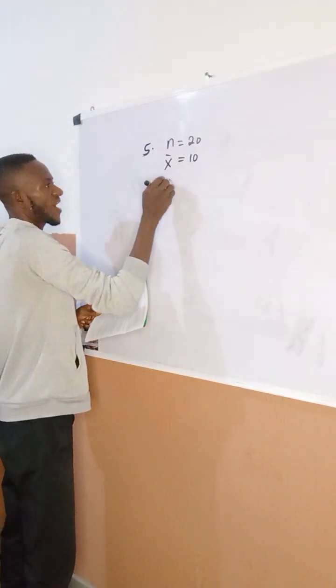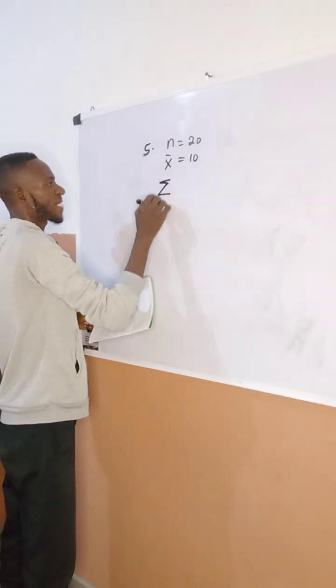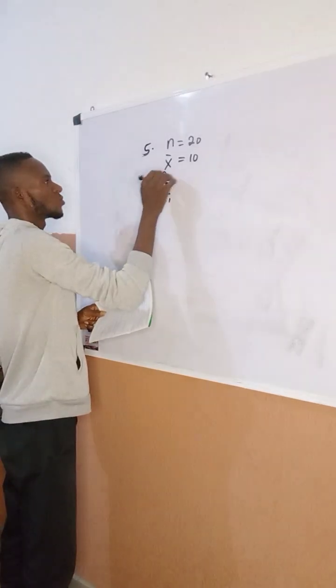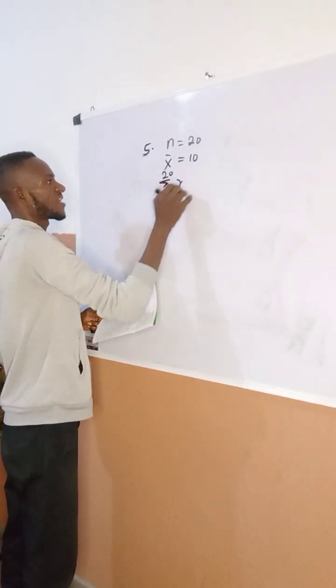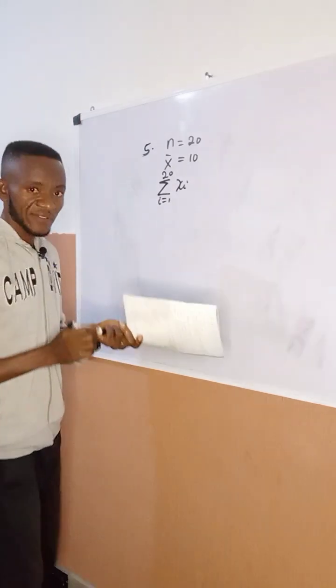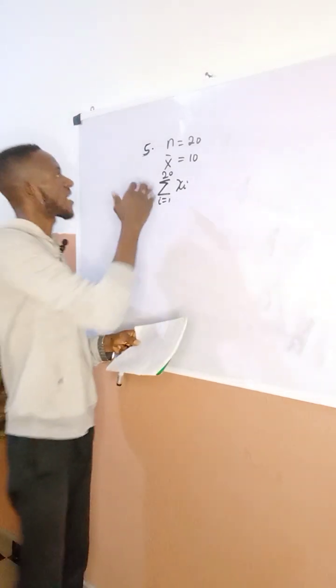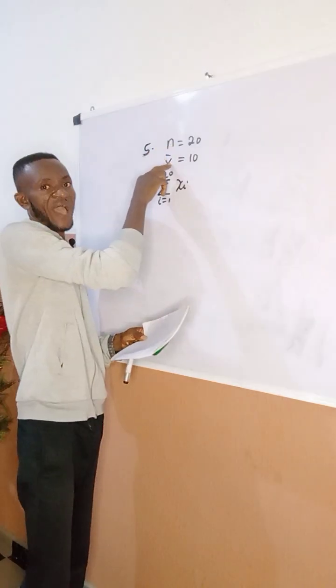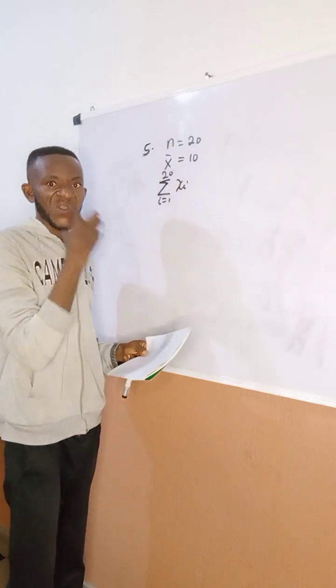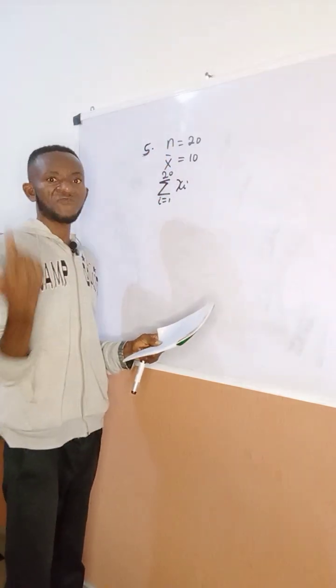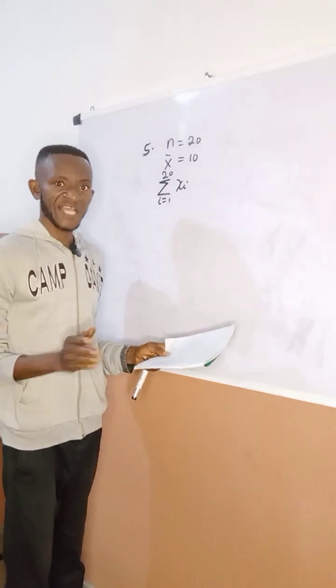So they ask me to find the summation, with i running from 1 to 20, of the xi's. The moment I can get a formula that connects n, x bar, and this sum, I will be able to make the sum the subject of the formula, and then that becomes the answer.